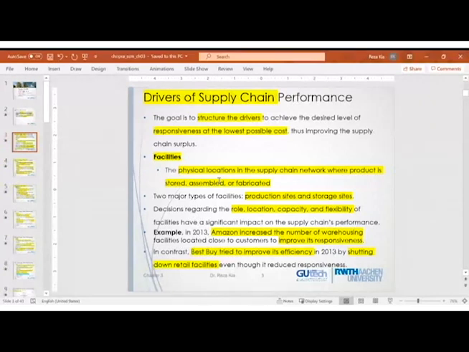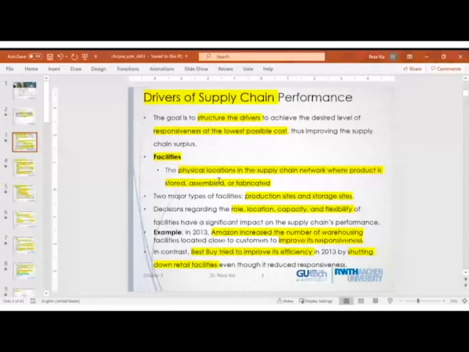So the drivers of supply chain, we need to identify them because by having these drivers, we want to minimize the cost, because we want to have an efficient and at the same time responsive supply chain. Trying to have an efficient and responsive supply chain is the goal of these drivers.